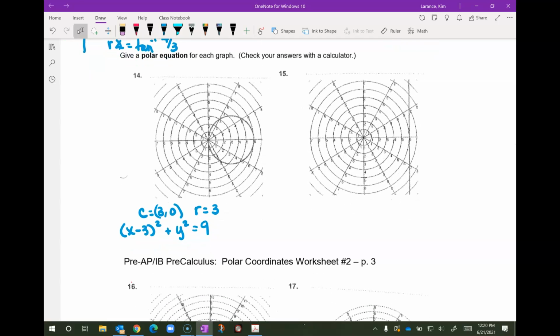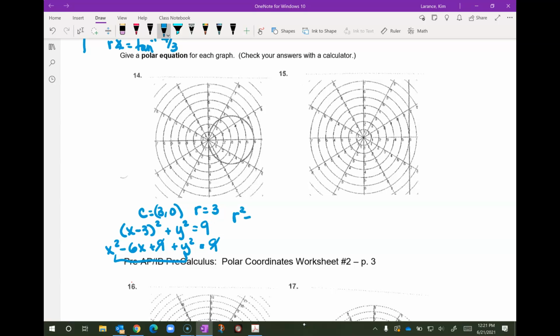Well, let's see here. You would expand this and get x squared minus 6x plus 9 plus y squared equals 9. Okay, our 9's are going to cancel. Our x squared plus y squared we can replace with an r squared.